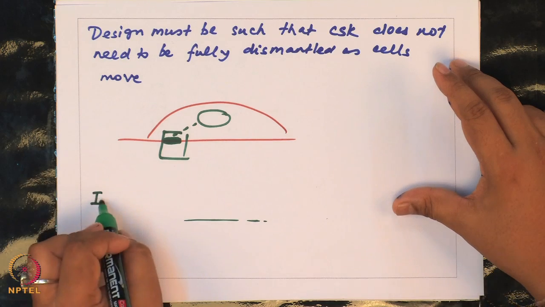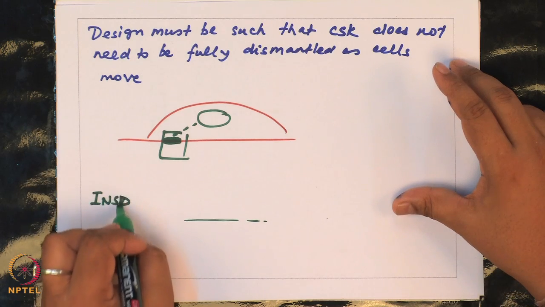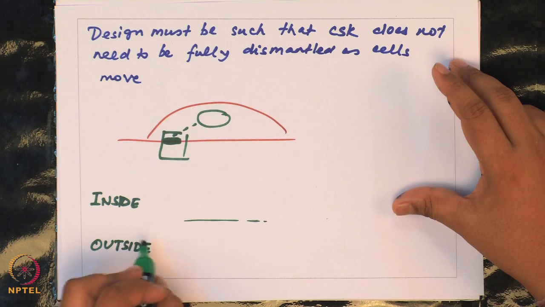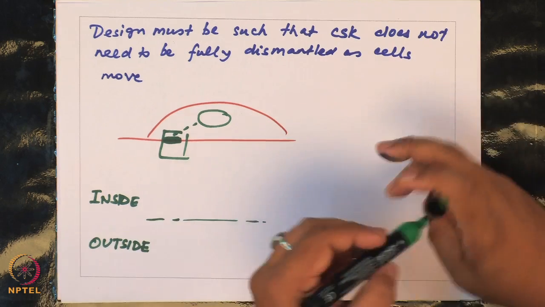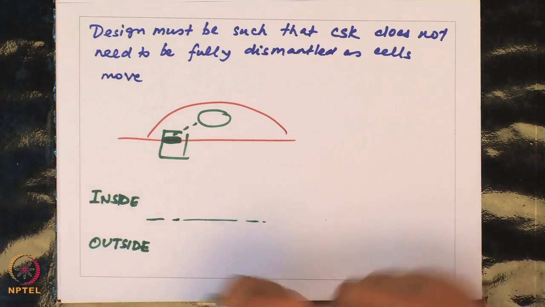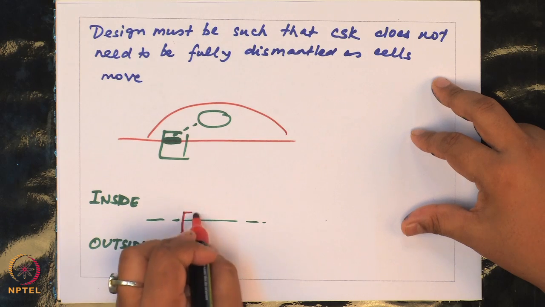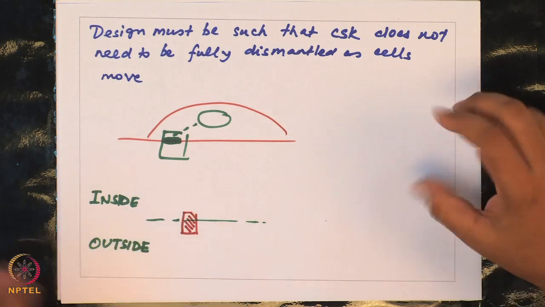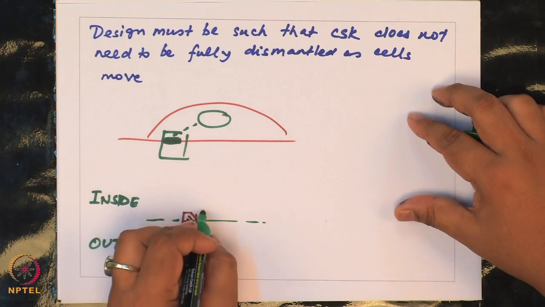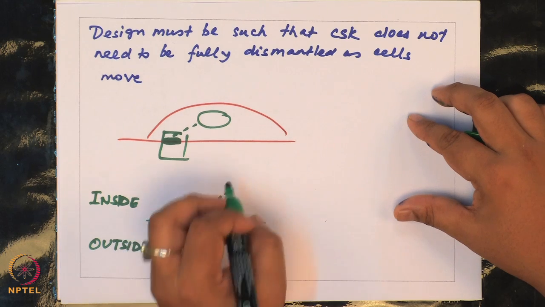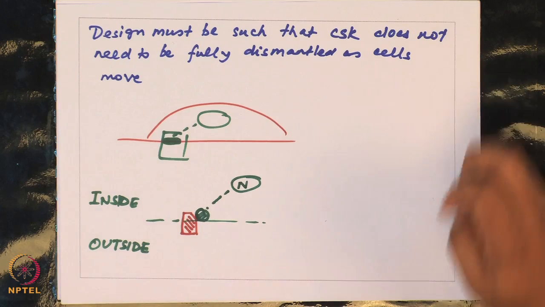So, this is inside the cell and this is outside. So, the design of the focal adhesion probably might have some transmembrane protein linked to some cytoskeletal protein, and then you have the connection to the nucleus.